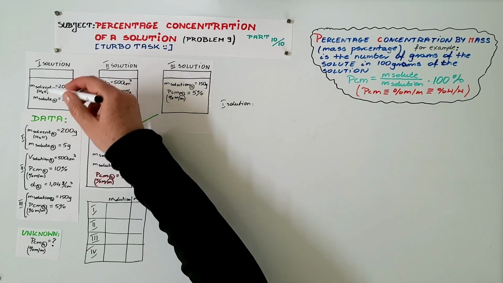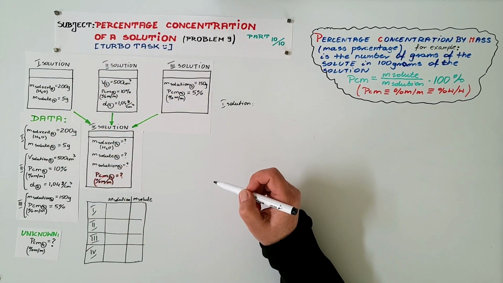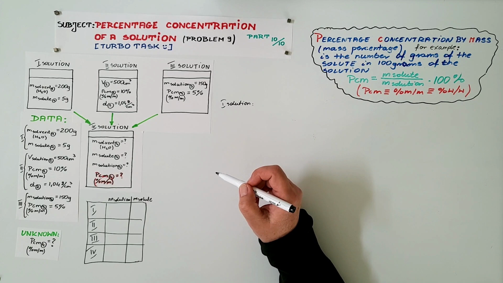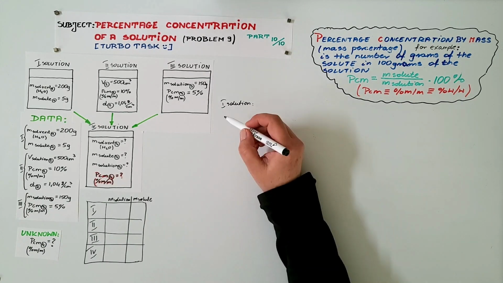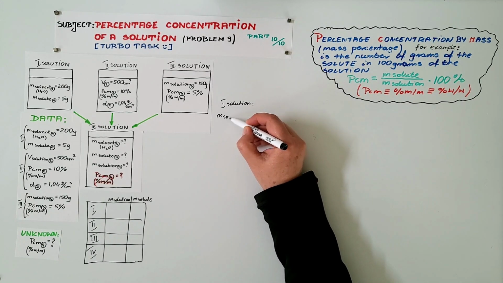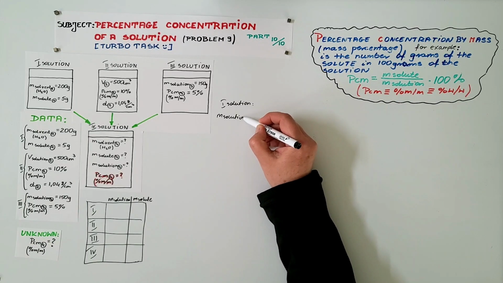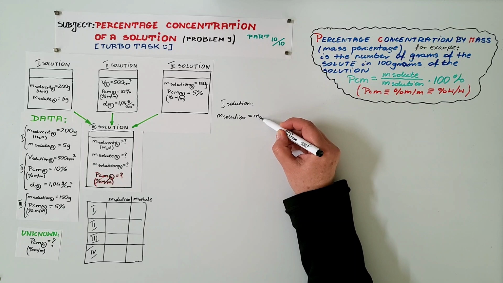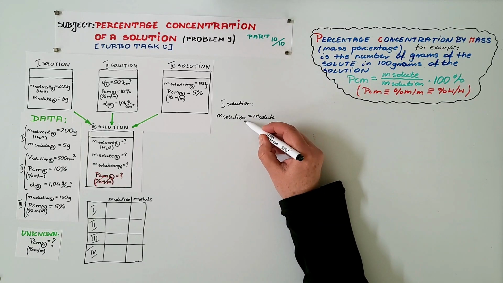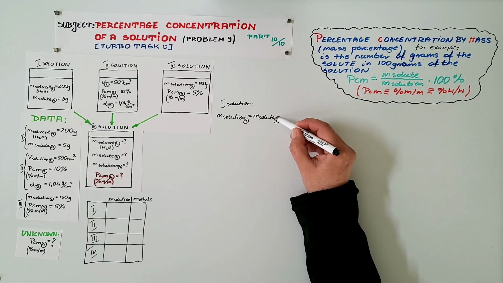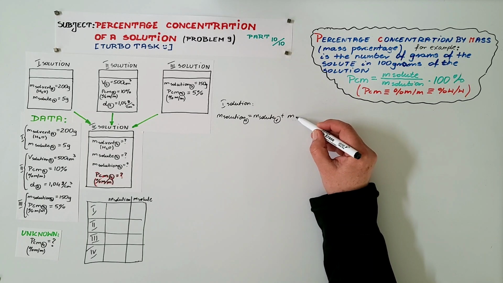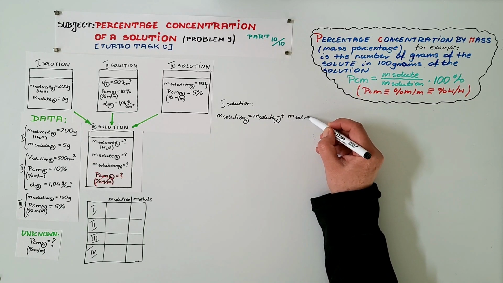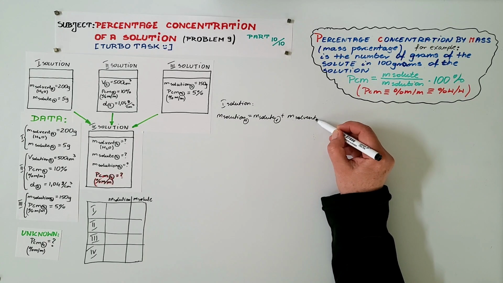In the first solution, we have 200 grams of solvent and 5 grams of solute. So mass of solution 1 equals mass of solute plus mass of solvent, in our case water.